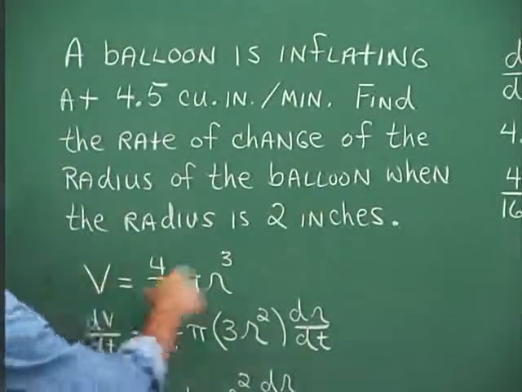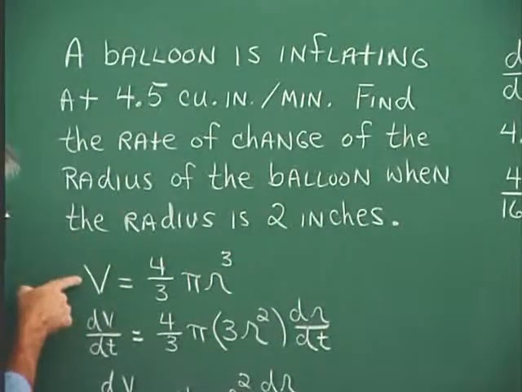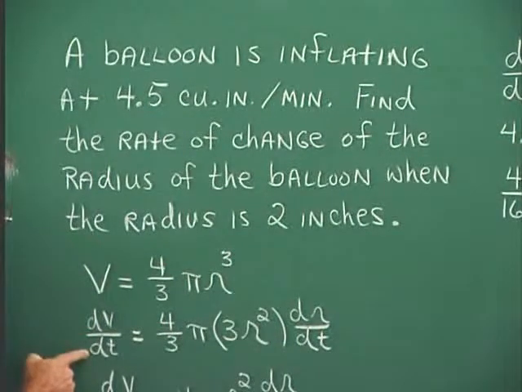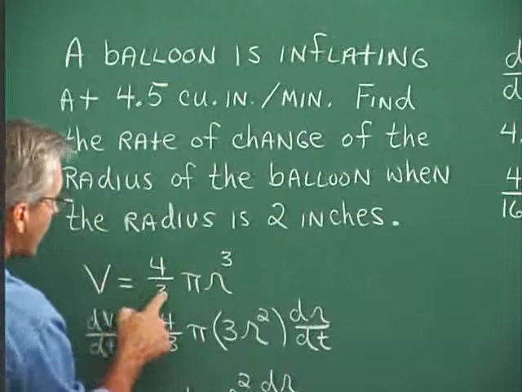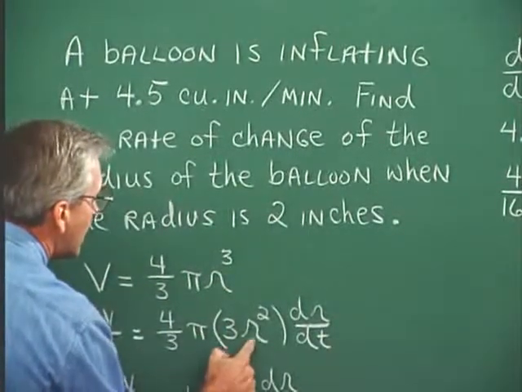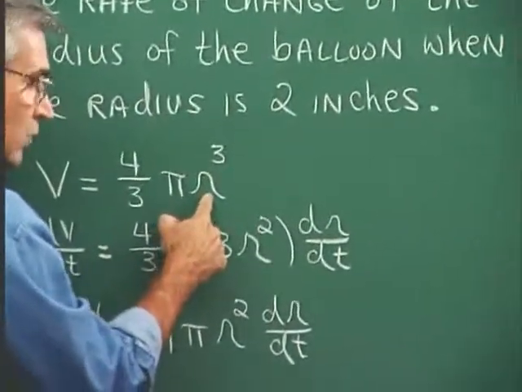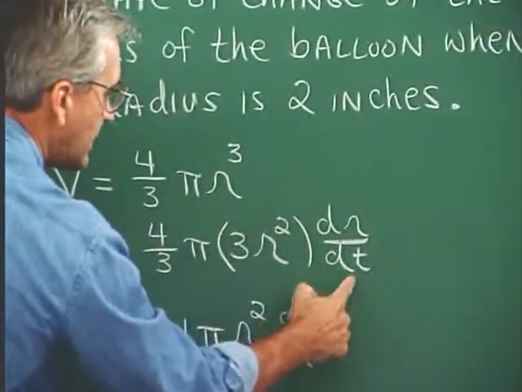Anyway, the implicit derivative is dV over dt. This would be 4/3 pi times 3r squared. Now the derivative is the derivative of radius with respect to time, so it's a dr dt.